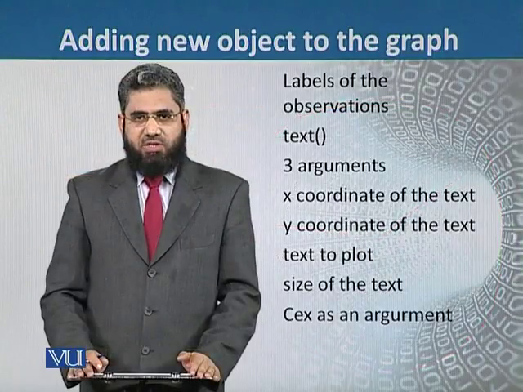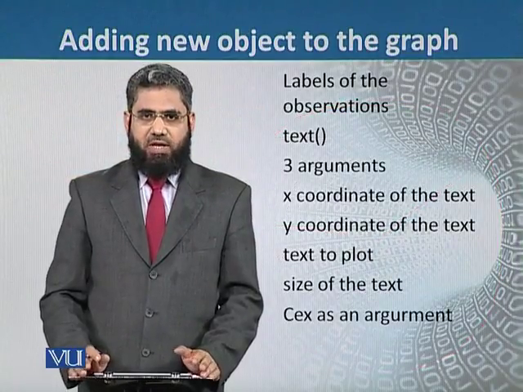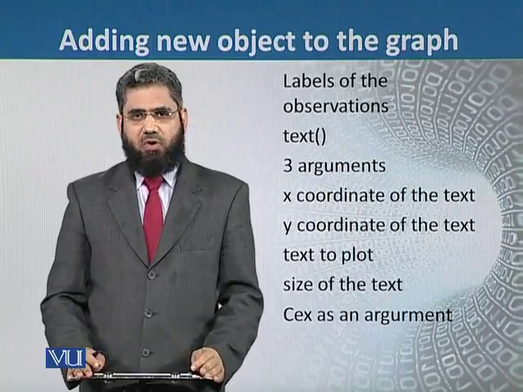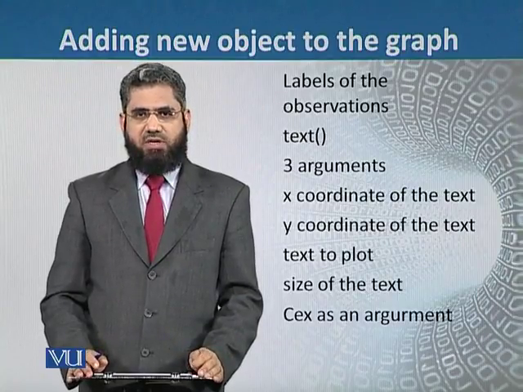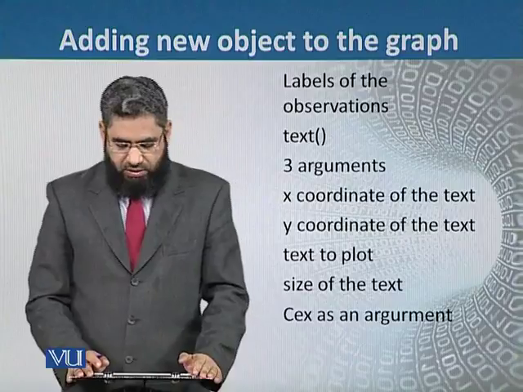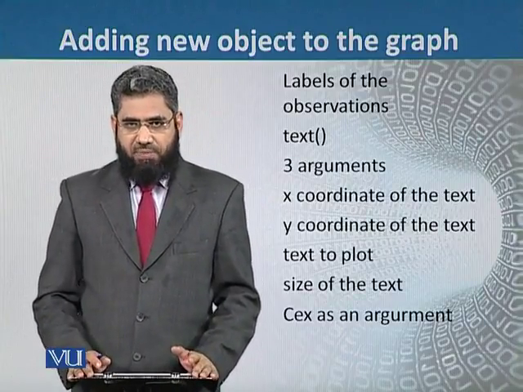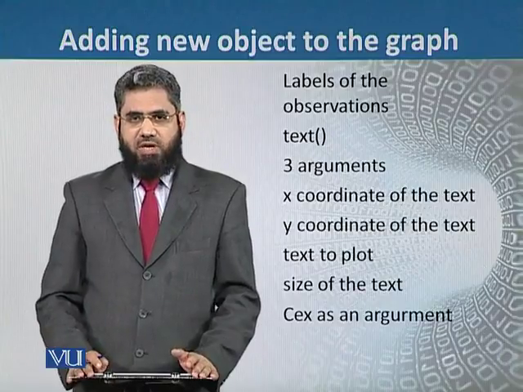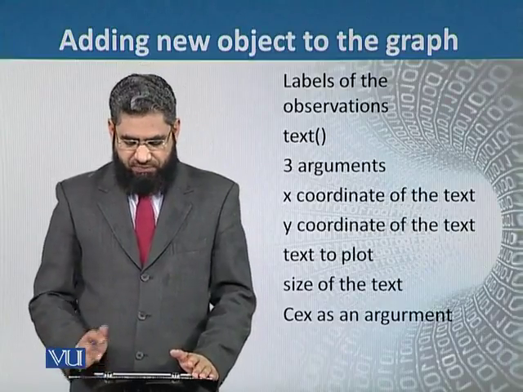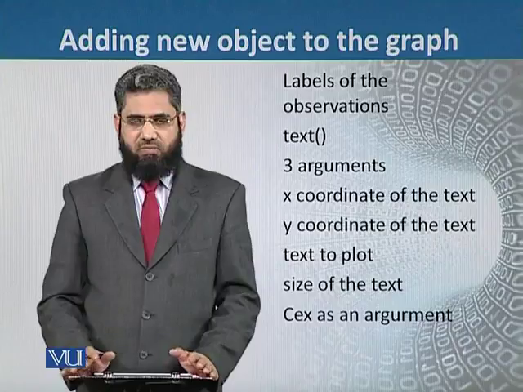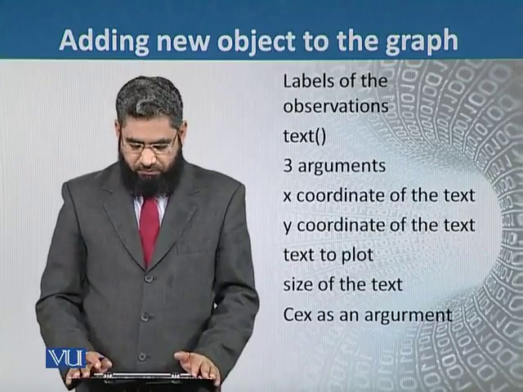Sometimes it is very necessary to know the values of the labels of the observations present within the plot. To find the values of the labels, we can use the command text(), and then in the parentheses we can add the values.